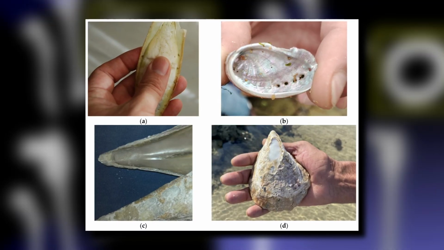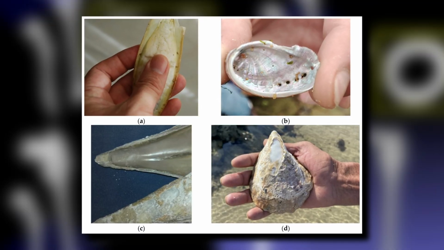To make the umbones far apart, the ligament has to be stretched. So, if you overstretch the ligament, it will be broken. And if you relax the ligament, the umbones will become much closer, and that will obstruct the opening of the shell.